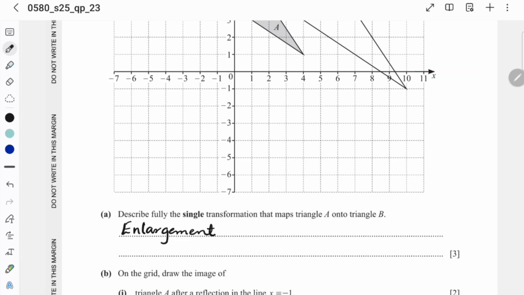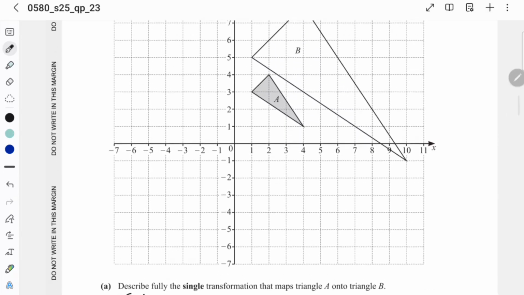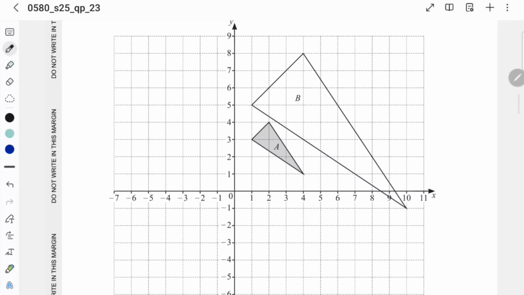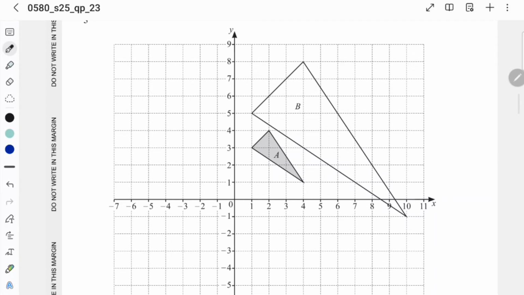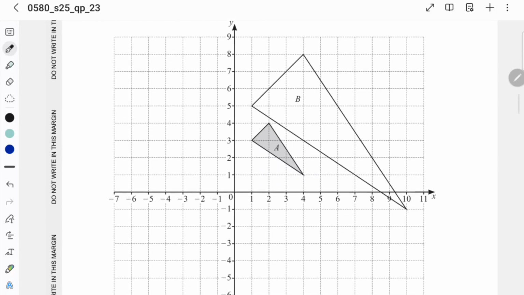So first of all, find the center of enlargement. Remember, if the center is in the middle, then the scale factor is negative. If it is somewhere at the corner, then it is positive. So just join the corresponding points of both triangles. Look, I'm joining this one. I think you can join at least 2 points.